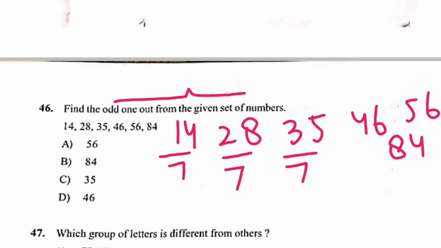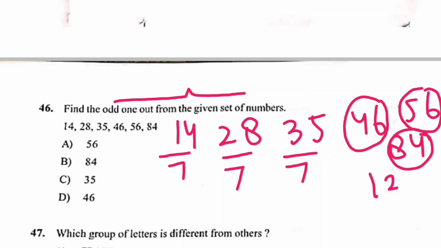Let us see this, 46 is not divisible by 7, 56 is divisible by 7 and 84, 7 ones are 7, 7 twos are 14. So 84 is also divisible by 7. So the odd one out will be 46, which is not perfectly divisible by 7.